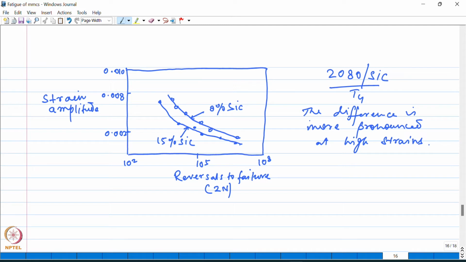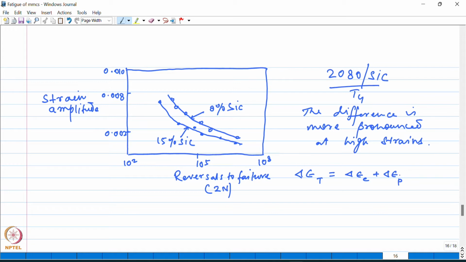So the inferior fatigue resistance of the composite compared to the unreinforced matrix material under total strain controlled fatigue can be explained as follows. So if you recall, the total strain range, that is epsilon T, is equal to the sum of the elastic strain and the plastic strain.